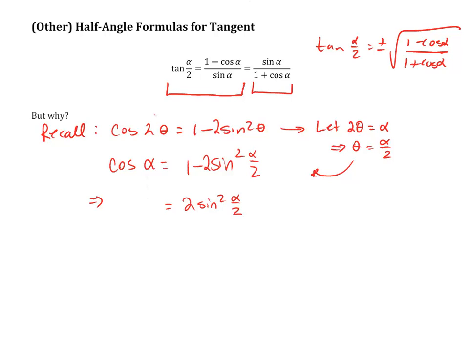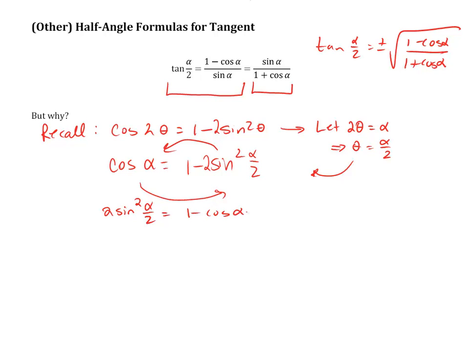Let's move the 2 sine squared of alpha over 2 to one side and the cosine of alpha to the other side. So you have 2 sine squared of alpha over 2 is equal to 1 minus cosine of alpha.